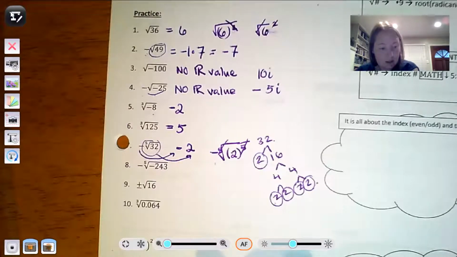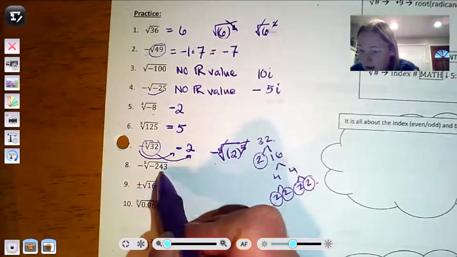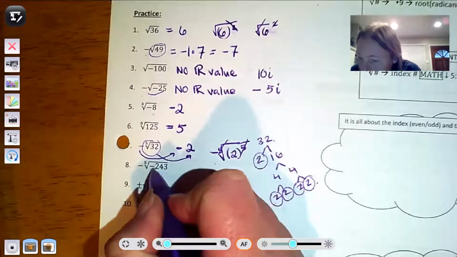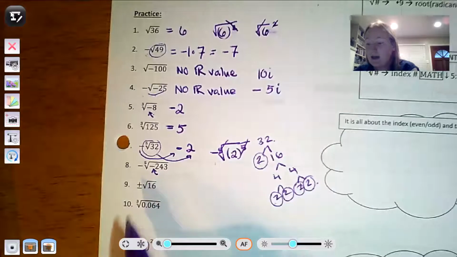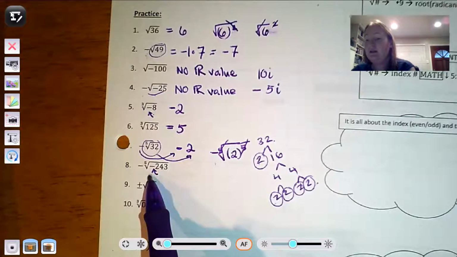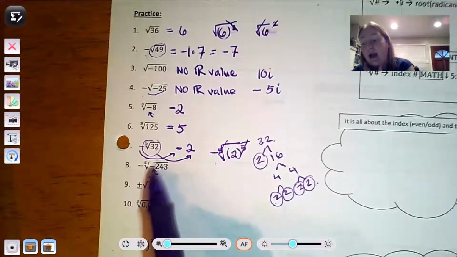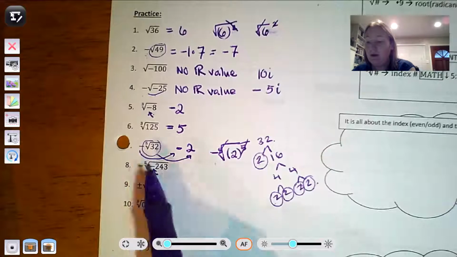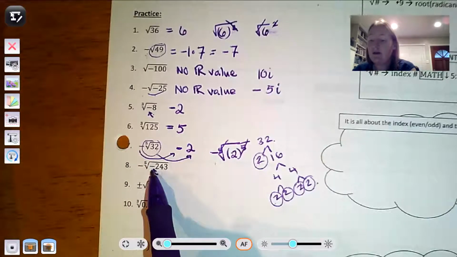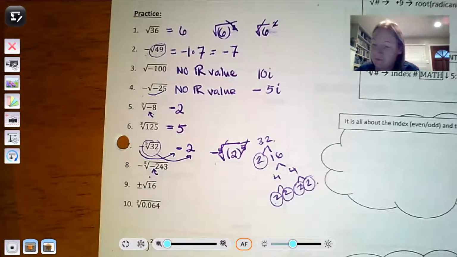So this next one is a negative in here, which is okay with an odd index, because again, a negative times a negative times a negative times a negative times a negative would be negative. It actually can happen. So you can have a negative when it's an odd index. You cannot have a negative in here when it's an even index.